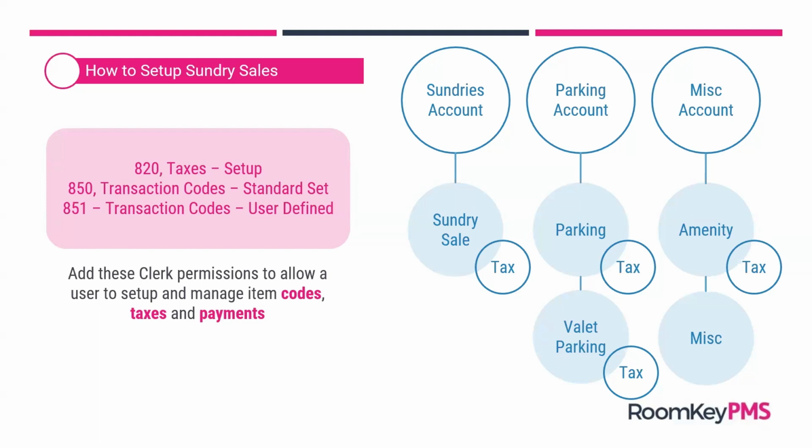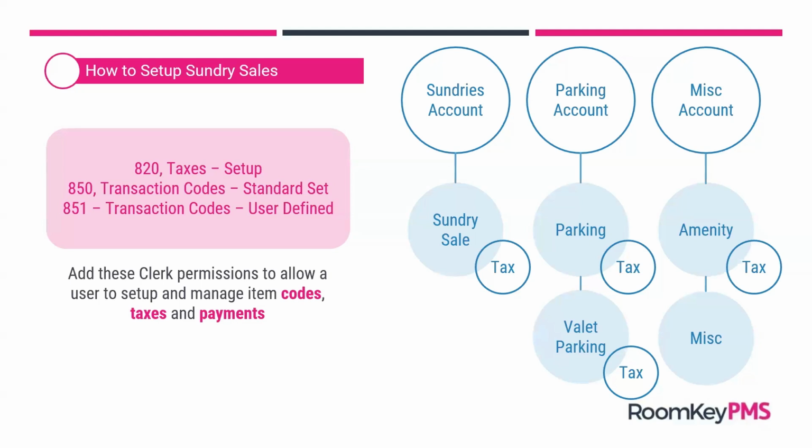Just one other note here, whenever you're creating and setting up these transaction codes, I have shown these with taxes, but it is possible if you prefer to have just a flat amount and no taxes, or if those transactions are tax exempt, you do not need to attach a tax. So for example, this miscellaneous transaction code, there is no tax associated with it there.